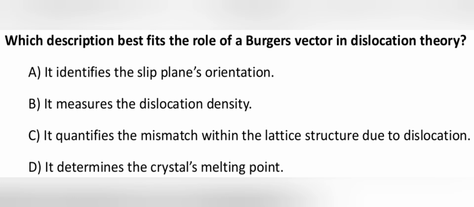So among these options, it quantifies the mismatch within the lattice structure due to dislocation. The Burgers vector represents that lattice mismatch, the shift from the actual starting and ending. So the best fit is option C.